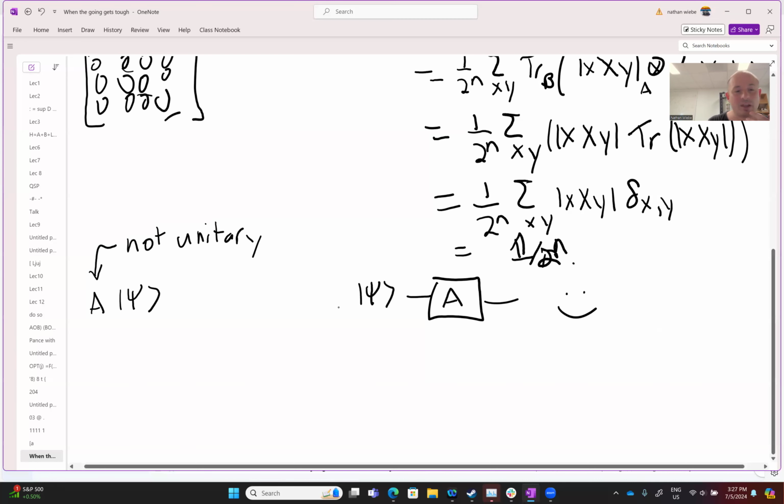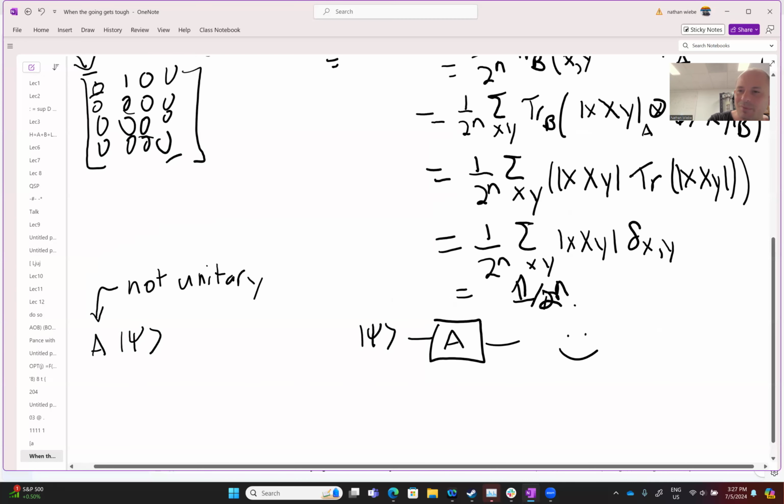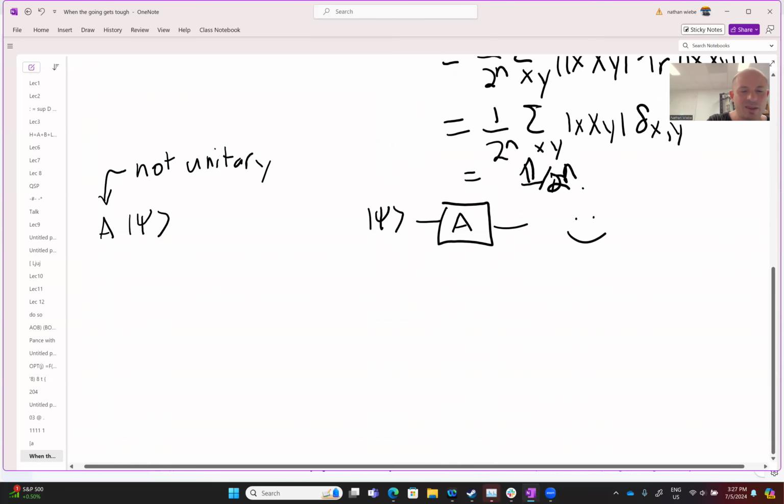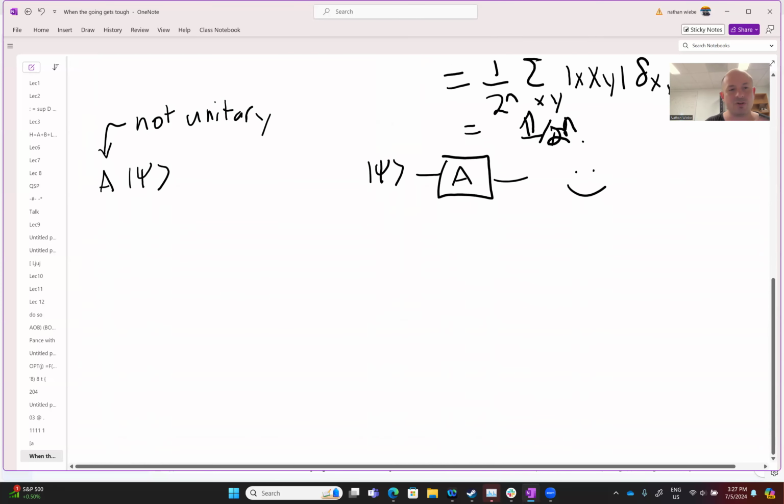Well, what we can do is follow the same inspiration that we used above with this choi state that we've got here. So the idea behind this approach is that we're going to make what we call a block encoding. And the idea behind a block encoding is the following.